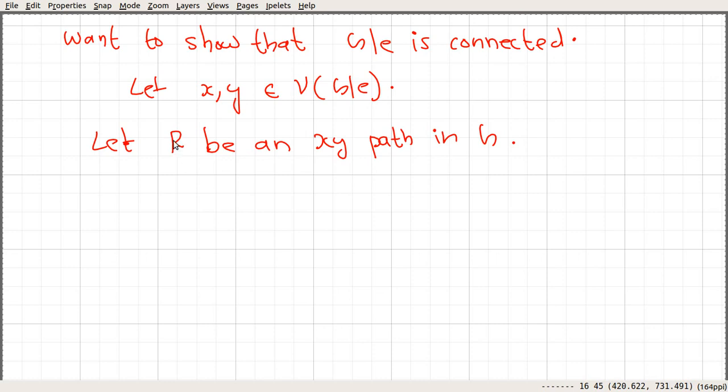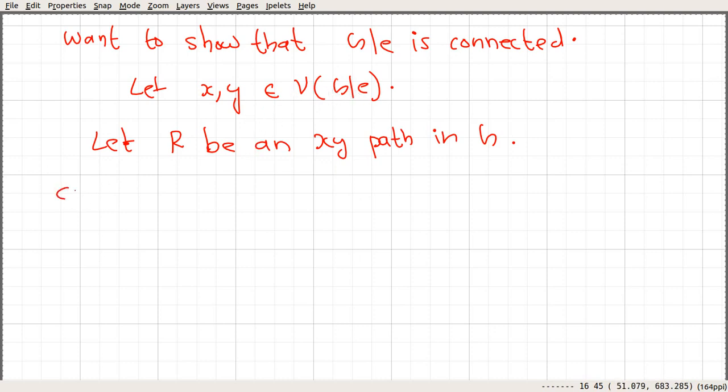Here we need to consider two cases. One case is where R contains the edge E, and the other where R does not contain the edge E. Let's consider those two cases one by one, and in both cases, if we are able to show that these two vertices x and y are connected, then we can say that G minus E is connected and we get the contradiction.